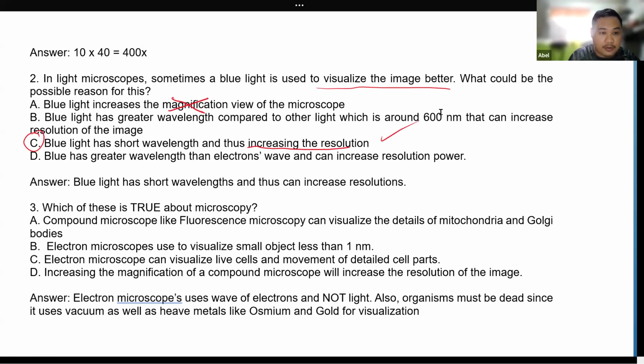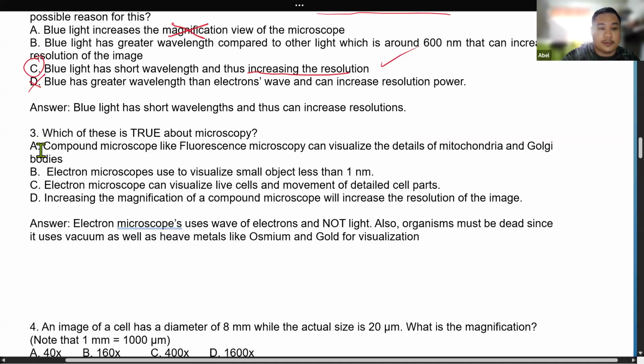How about letter D? Blue has greater wavelength than electron waves and can increase the resolution power. But electron waves are not related here, right? So letter D is not the best option.